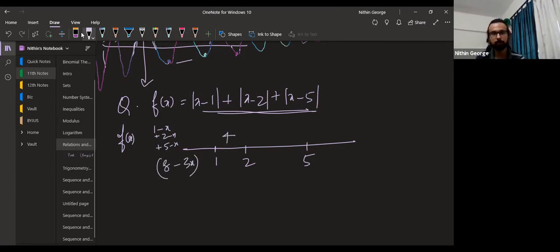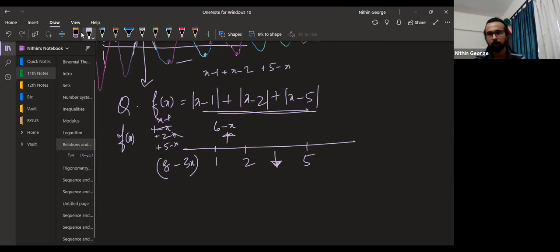Between 1 and 2, what happens? This is x minus 1, this becomes 2 minus x and this is 5 minus x. This cancels out, this becomes 1, this becomes 6. So 6 minus x is between 2 and 1. Between 2 and 5, this is x minus 1, this is x minus 2, this is 5 minus x.